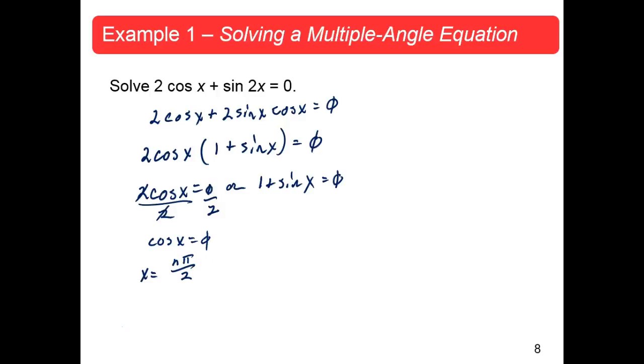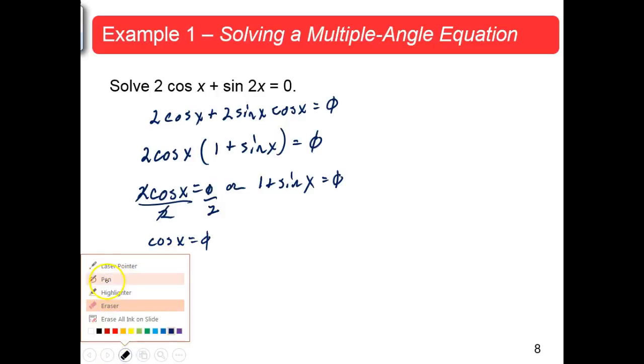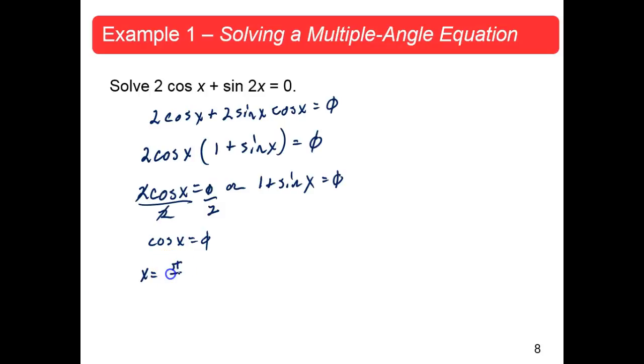Yeah, that won't work. Huh. Okay. Better way. That won't quite work because n equals 0 gives you something wrong. Do it this way: pi halves plus n pi. How about that? That'll give you every half pi out there.